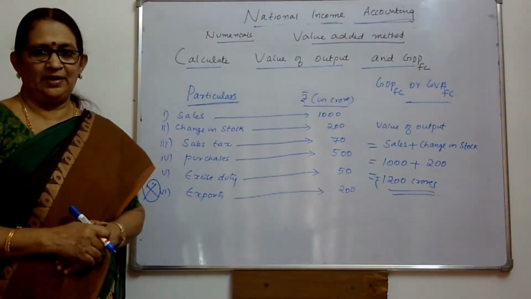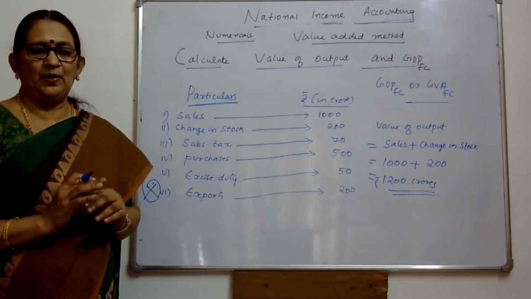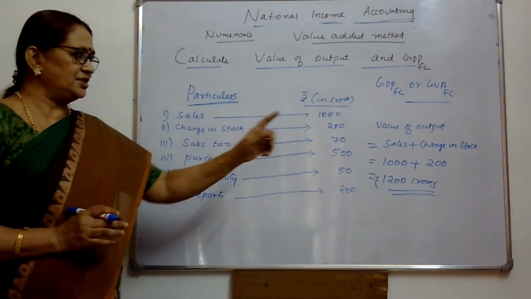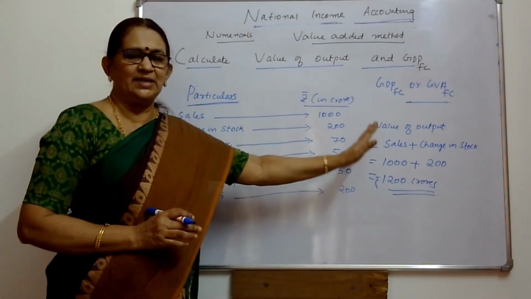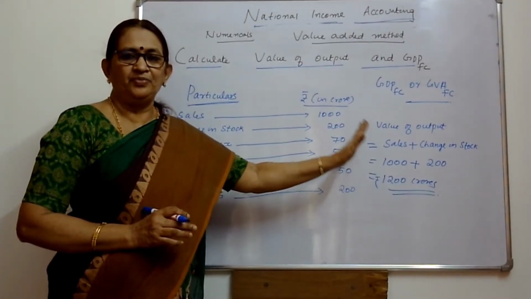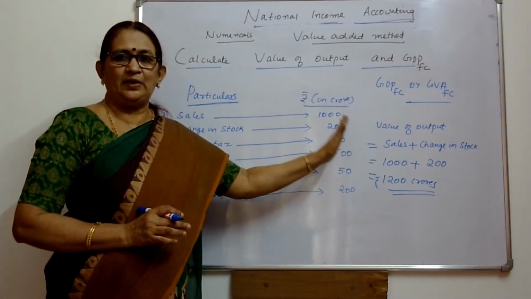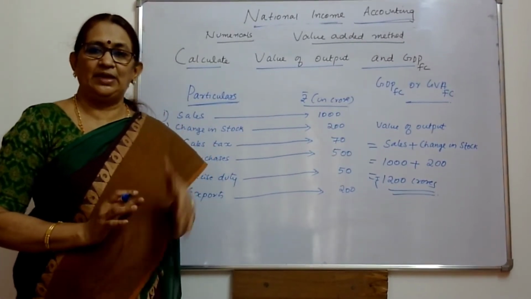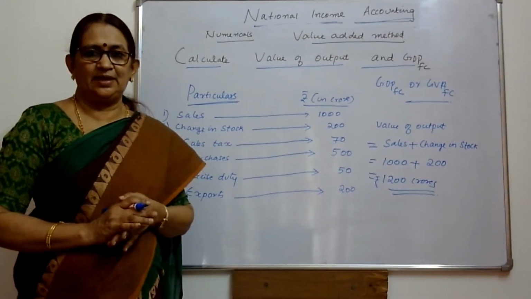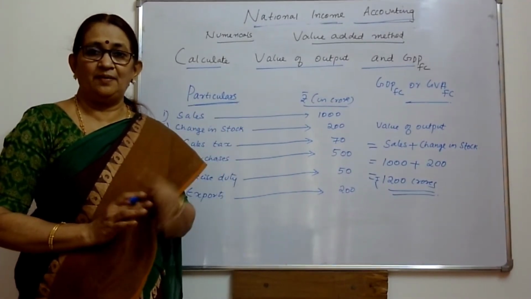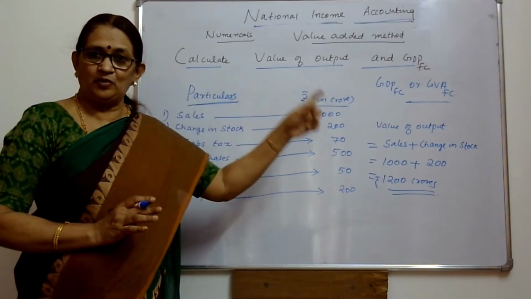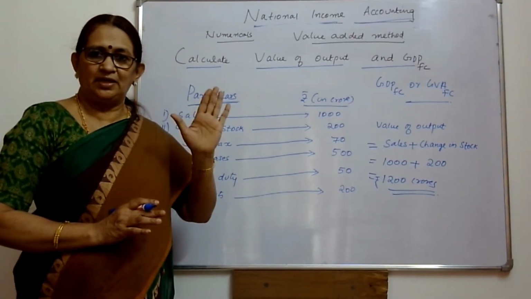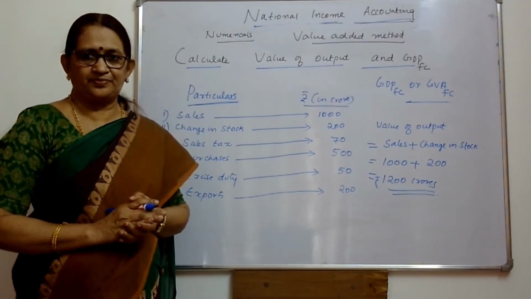We know that gross value added at market price is equal to sales plus change in stock minus intermediate consumption. From that we have to deduct net indirect tax in order to arrive at factor cost, because the factor cost concept does not include net indirect tax.